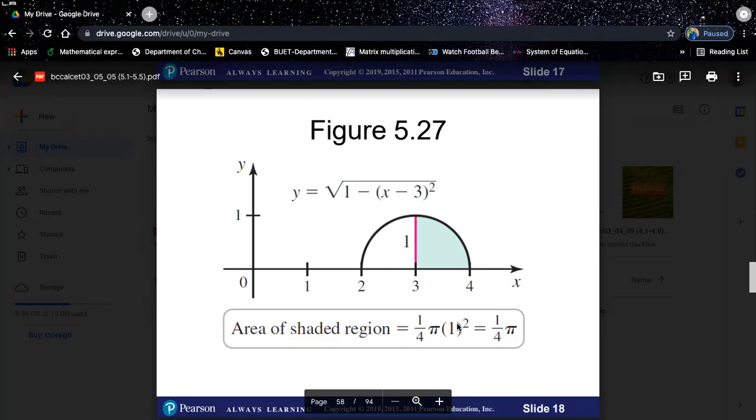So now if I give you this particular function and say find the area, or if I say calculate the definite integral of this function from 3 to 4, you'll actually get the same result. But in some cases we can actually calculate it from the graph. It's really intuitive.